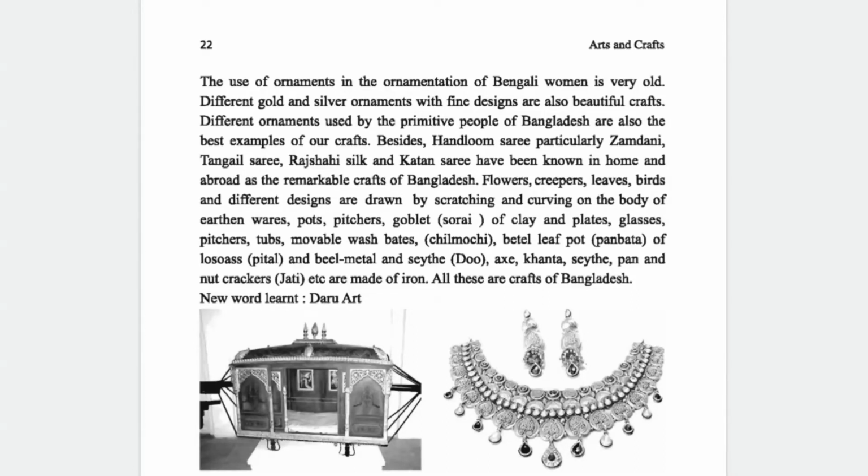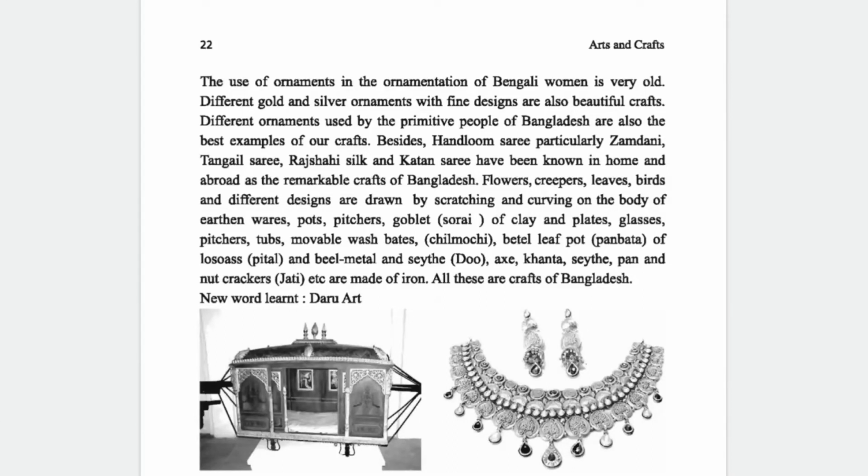Very interesting thing. Please note down the names of those beautiful carvings on the body, earthenwares, beautiful designs, different kinds of design, and write them in the book. Please note down this.